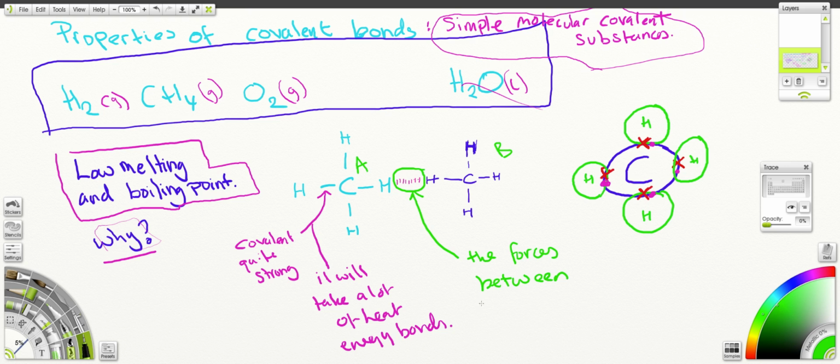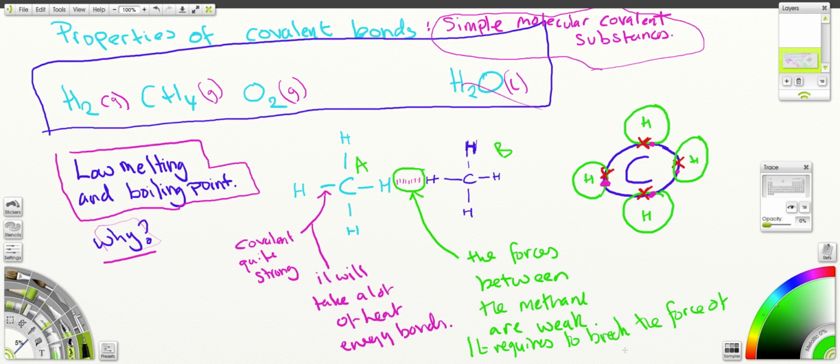The forces between the methane molecules are weak, and because they are weak, it requires less energy to break the force of attraction between the methane molecules. So it's quite easy to break this, and because it's easy, it has a low melting and boiling point.